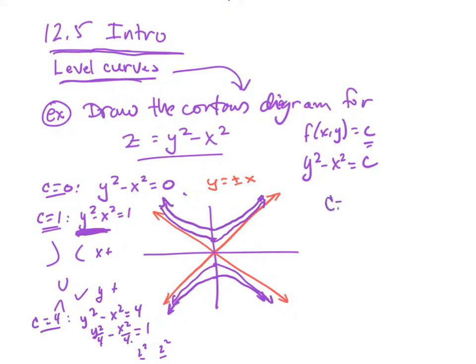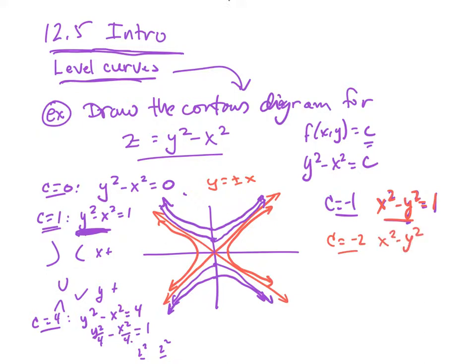Now what if c is equal to negative 1? That means that x squared minus y squared is equal to 1. You see I just changed the signs of everything. So now, and let me put this in a different color, I'm going to get a hyperbola that opens this way. Then if I go c is equal to negative 4, I'm going to get x squared minus y squared is equal to 4.